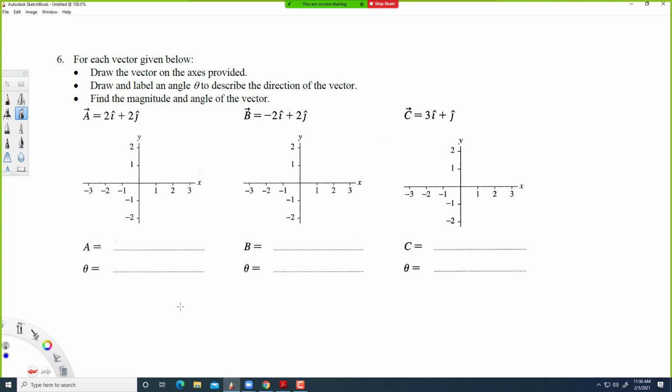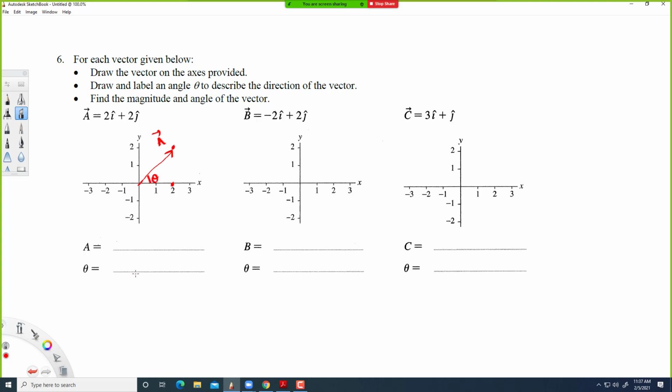Draw and label the angle theta to describe the direction of the vector, and find the magnitude and angle of the vector. So that's, again, pretty straightforward. Just need to see the x component and y component, and then based on that, you need to draw the vector. Okay, so we have 2 units to the right, and then 2 units up, and then that's our vector, and that's our angle.